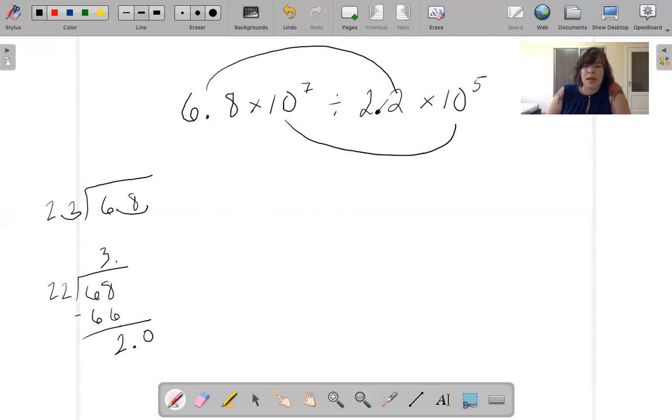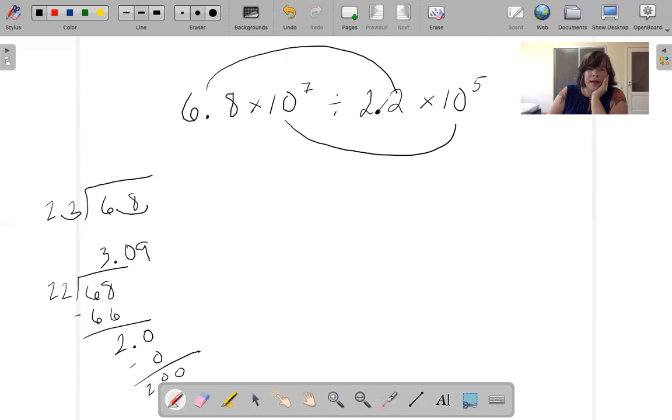22 goes into 20 0 times. Bring down a 0, 0. Let's see. 22 goes into 100 about 5 times. So it'll go into 200 about 10 times.